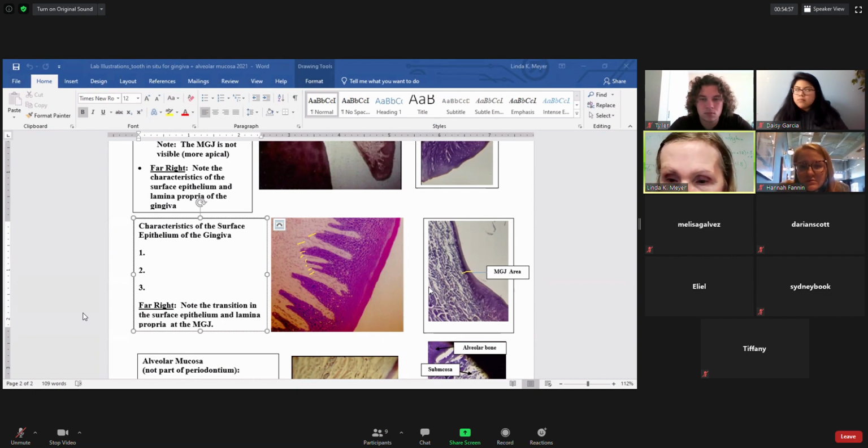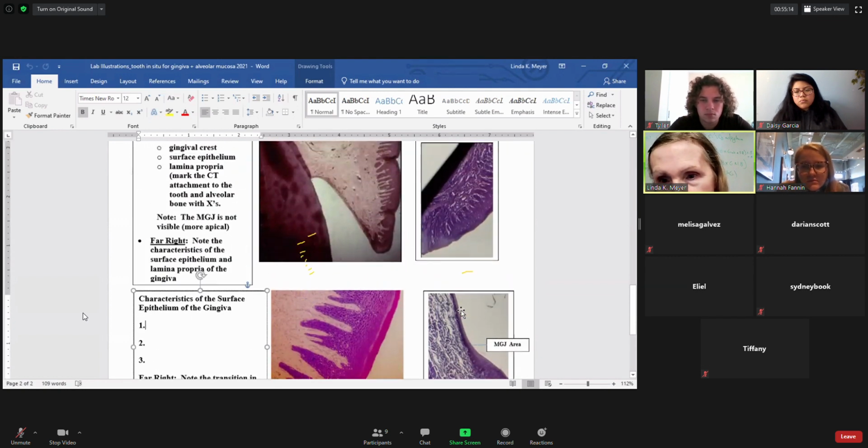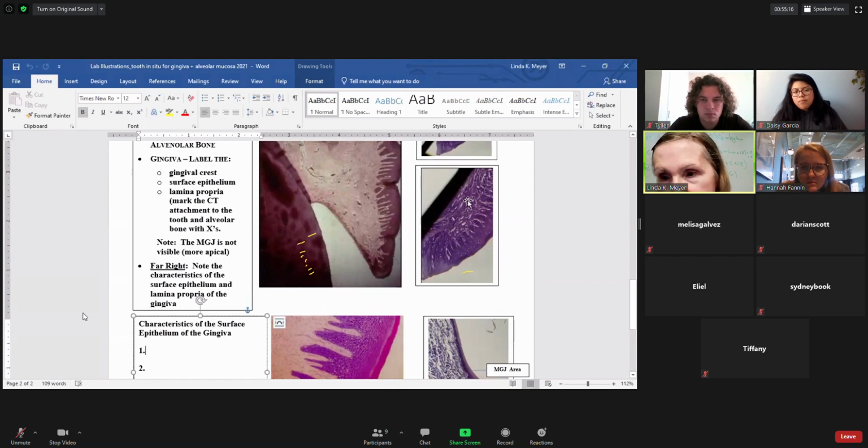Now, the final thing I just wanted to show with these pictures is that with the alveolar mucosa, notice that the lamina propria is not as dense. It's still dense connective tissue proper, but not as dense. If I go back up here, it's very dense in the gingiva.